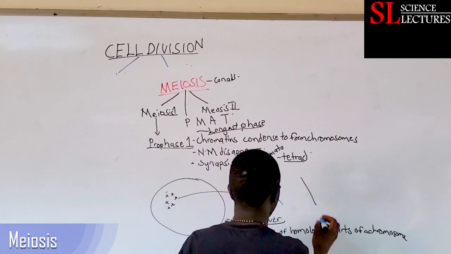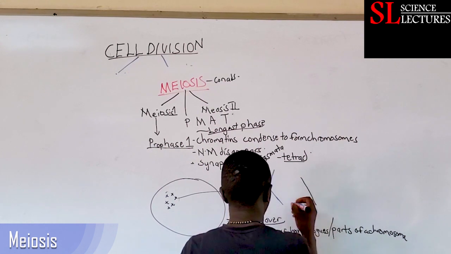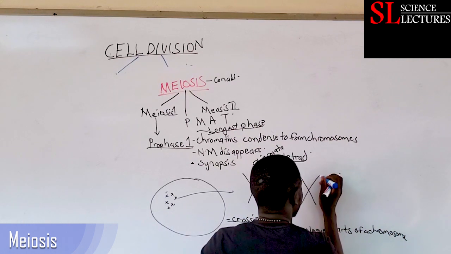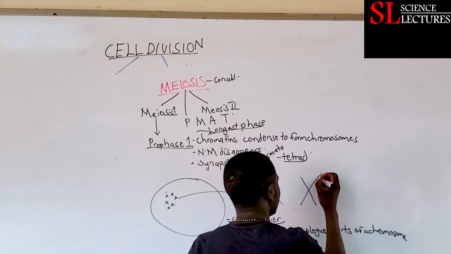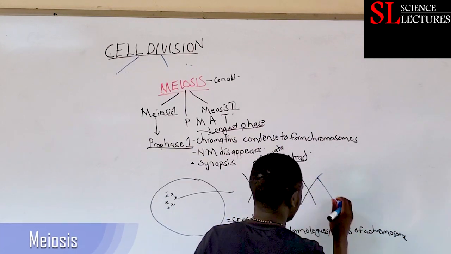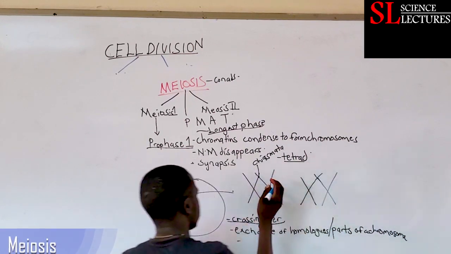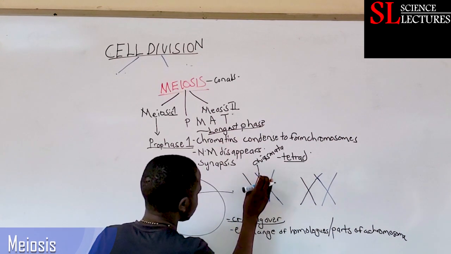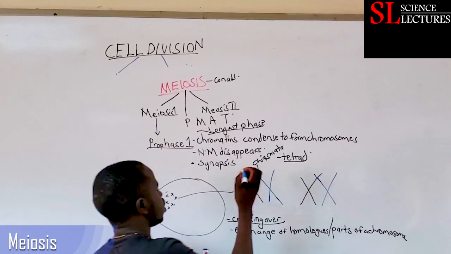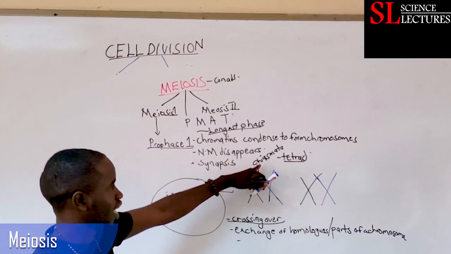Part of this chromosome shall be taken by the other, and if this is another chromosome, part of it shall also be taken by this chromosome. This chromosome shall take this part and that chromosome shall take that part. That is what we call crossing over, at the chiasmata.